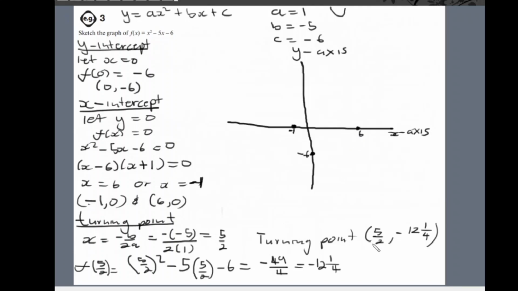And then our x value of the turning point is 5/2, which is like 2.5. So 2.5 will be somewhere there, and this will be our axis of symmetry.